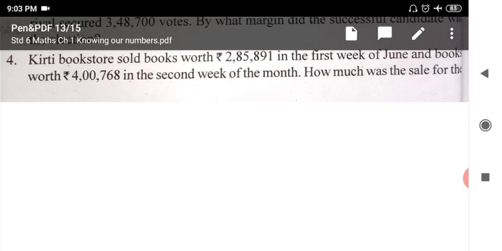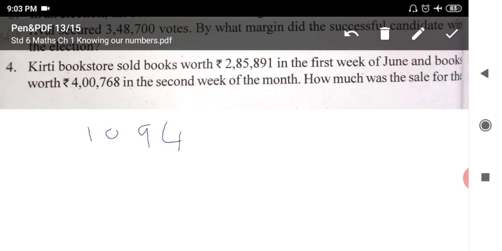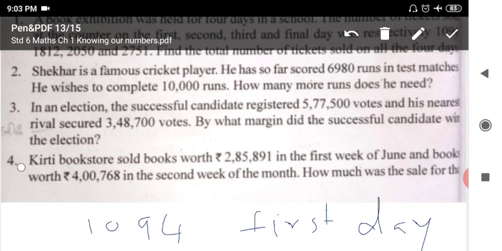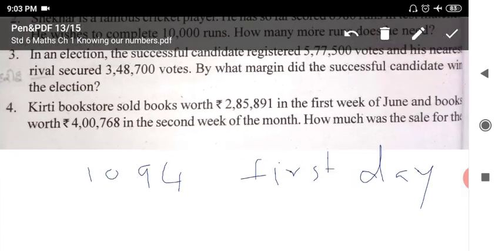1,094 is here, on the first day. This is our first day. Now on the second day is how much? 1812.